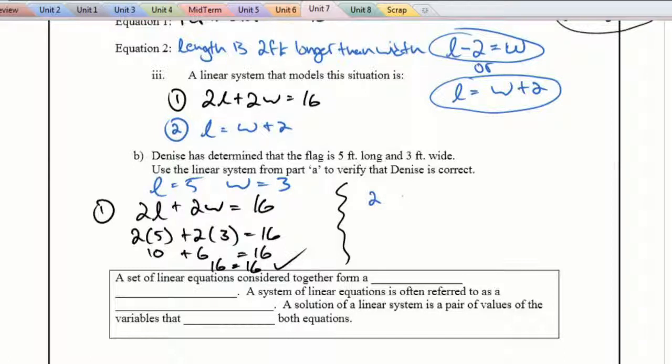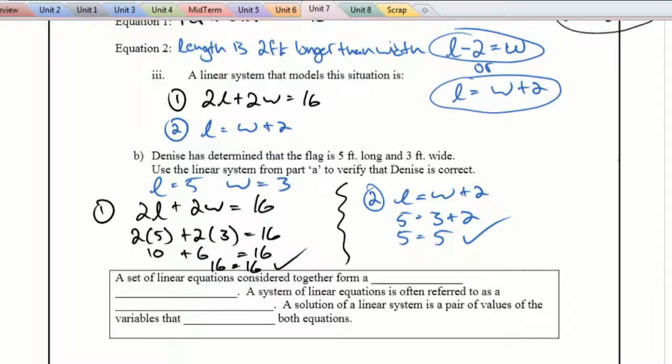Length is width plus 2. The length is 5. The width is 3 plus 2. 5 is equal to 5. So that worked. Awesome. It's nice when something works out like that. So Denise was correct. That's nice.